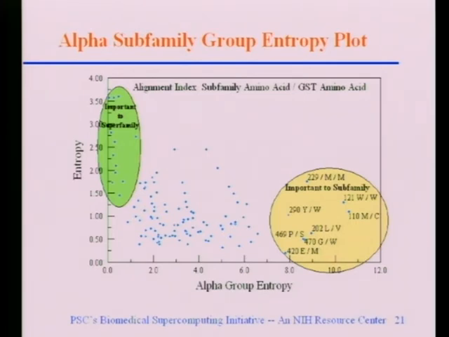And this one's for the alpha subfamily, and these are the positions that are likely to be distinctive for the alpha. Well, they are distinctive for the alpha subfamily. They make it stand out from the others, and thus they're the most likely positions to contribute to novel biochemical features.